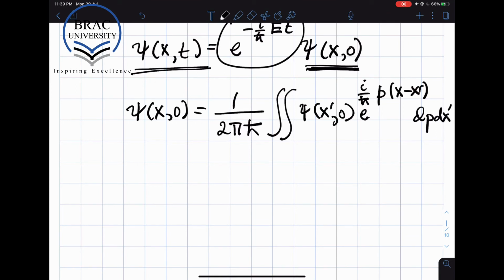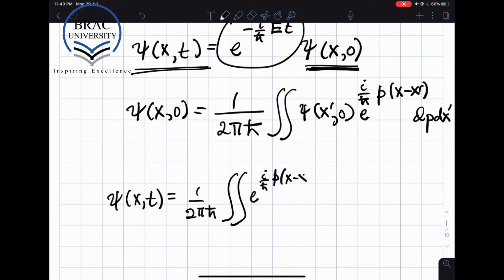So now if I use this expression for ψ(x,0) in this equation, I have a new expression for ψ(x,t) in terms of ψ(x',0), and that's given by 1 over 2 pi h bar, double integral e to the power i/h bar p(x minus x'), and then I have e to the power minus i/h bar, now the energy is p squared by 2m, times t, and then we have dp, and we have ψ(x',0) dx'.